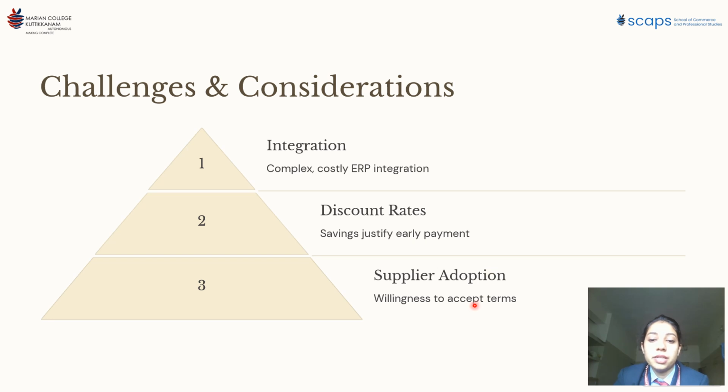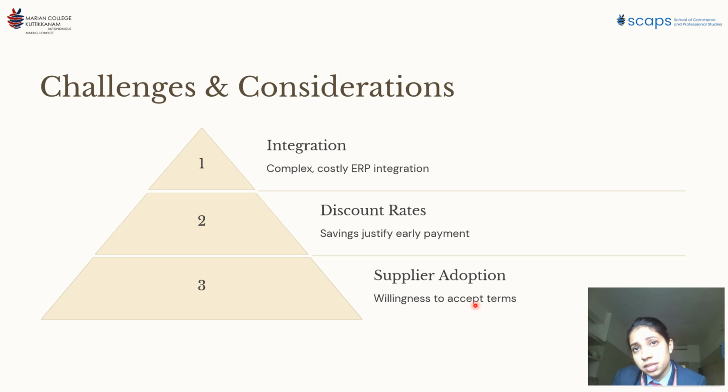Next one is supplier adoption. Any time a change comes, there will be resistance, right? Here the resistance will be from the side of suppliers. Not all suppliers will be willing to accept early payments, especially if they have no immediate need of cash.